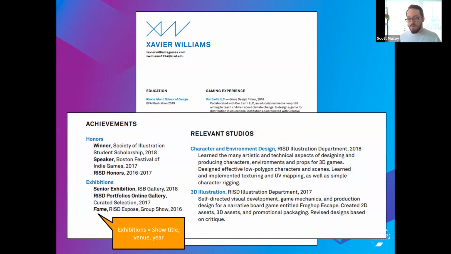For exhibitions, just have the title of the show, the venue or place that the work was shown, and the year that it took place. Honors can be similar, with the title of the award, the name of the organization who awarded it, and the year. So it's really short, sweet, and to the point. But as I said, it can absolutely be a bonus and really beneficial thing to have. It's just usually, for this kind of resume, after experience and skills in the hierarchy of things.